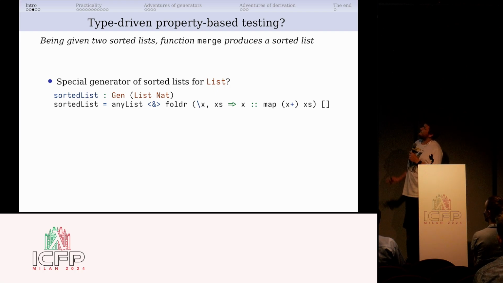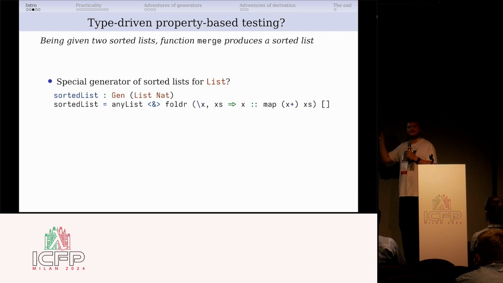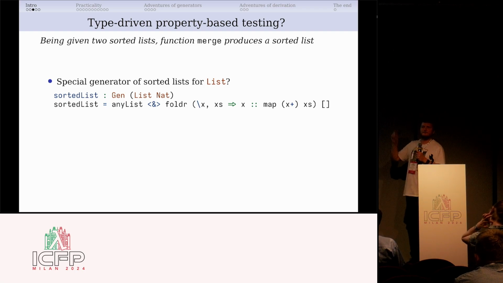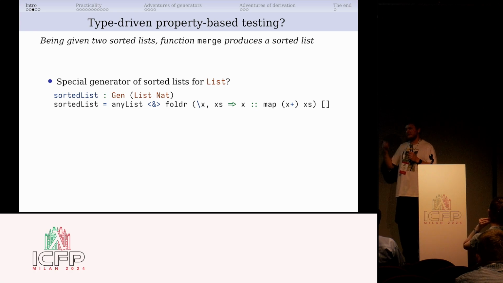Oh, I forgot to say that I'll be using the Idris language for code on my slides. So that's why we have the list type written in letters. It's not difficult to write our own generators for sorted lists, for instance.